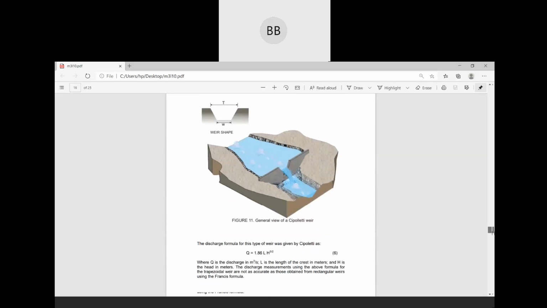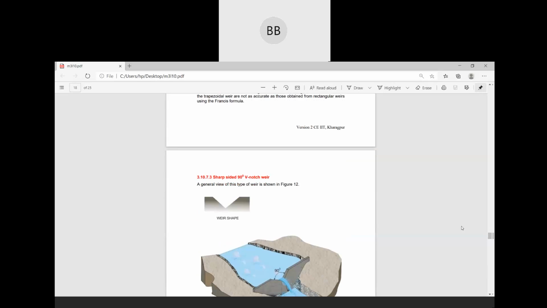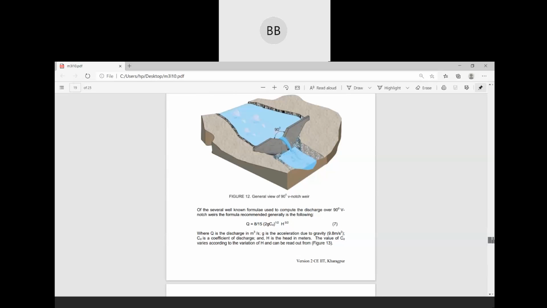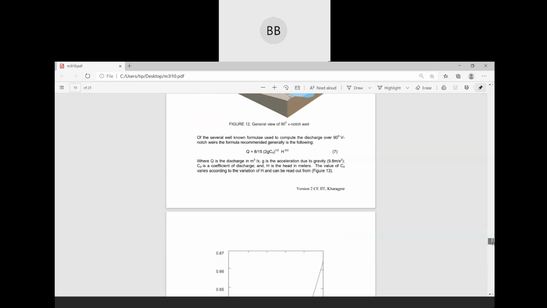Please go through your notes, or you can refer to a book, Fluid Mechanics and Hydraulic Machines by RK Bansal, or any book of hydraulics and hydraulic machines. You can find all these things there with proper explanation and all the derivations. If you forget the derivation, you can refer to that book for details.